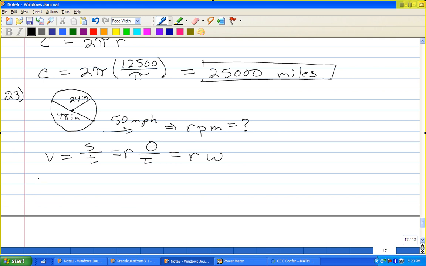So omega is equal to the velocity over the radius. Okay, so the velocity is 50 miles in 1 hour.